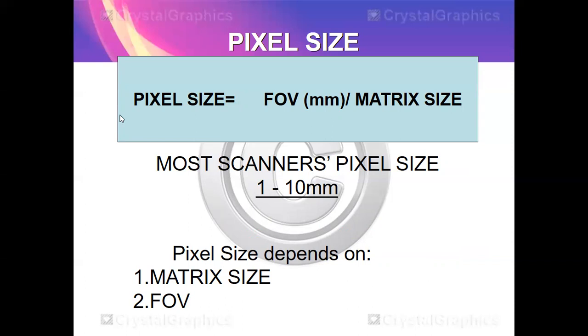Most scanners used in CT scan have a pixel size of 1 to 10 millimeters. Normally, if we want a better resolution in our image, the recommended pixel size is 1 millimeter.